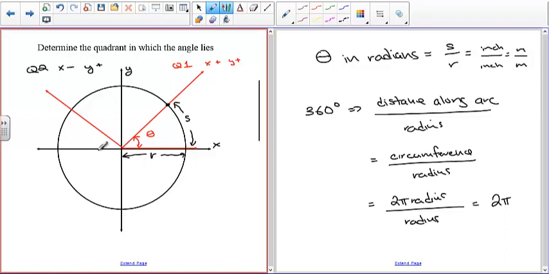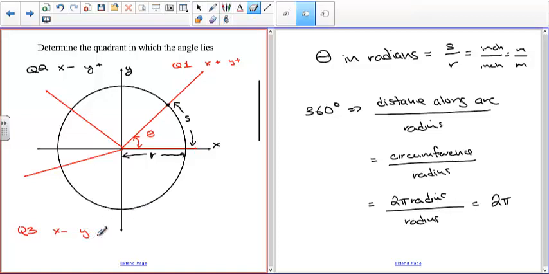Then if we have the second ray pointing down this direction, this is what we call quadrant 3, and here we have negative x and negative y. So they're both negative. You can just think of this as coordinates, negative, negative.